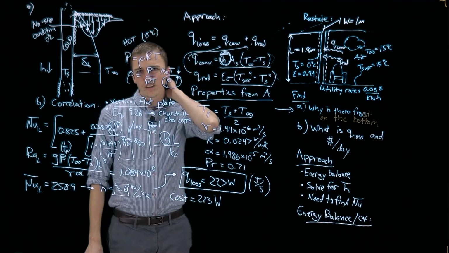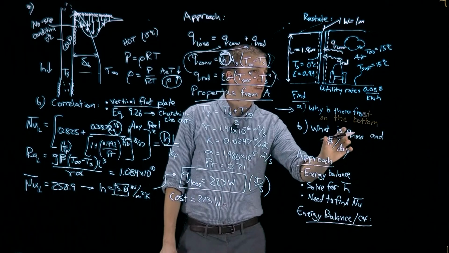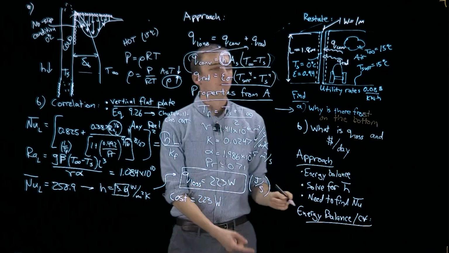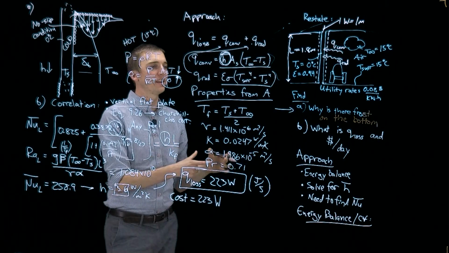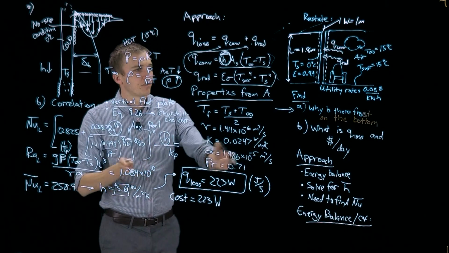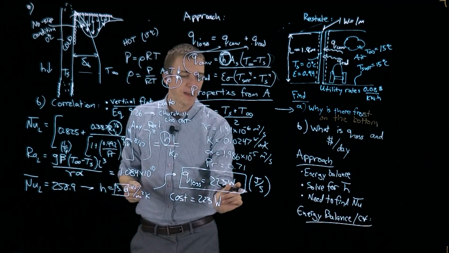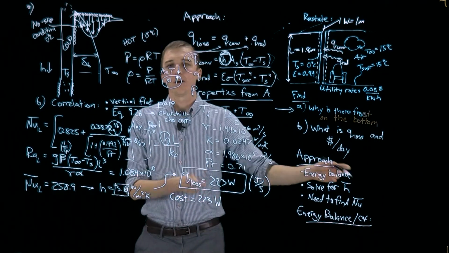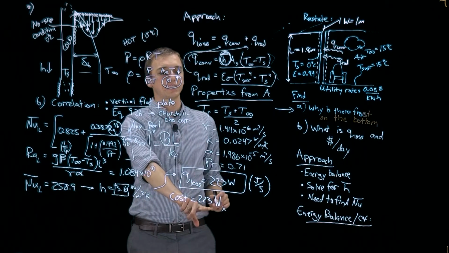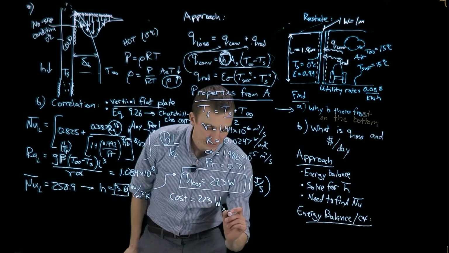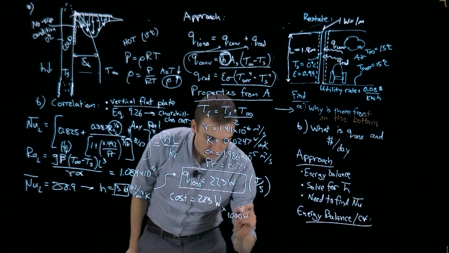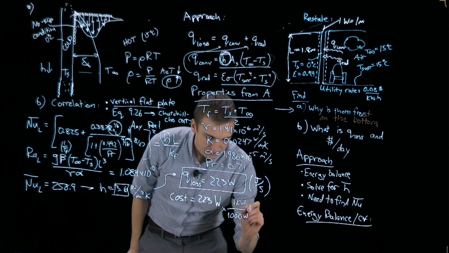Now, our utility rate is given in cents per kilowatt hour, where a kilowatt hour is actually a unit of energy, representing 1 kilowatt of power over 1 hour of time. So what we're going to do is convert this into kilowatts: 223 watts, and there are 1,000 watts in 1 kilowatt.